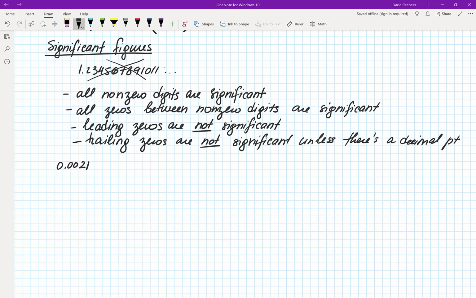0.0021. Leading zeros are not significant, so it's just these two. So this number is written with 2 sig figs. Something like this, 0.00203. So again, leading zeros are not significant, but 0 between non-zero digits is.